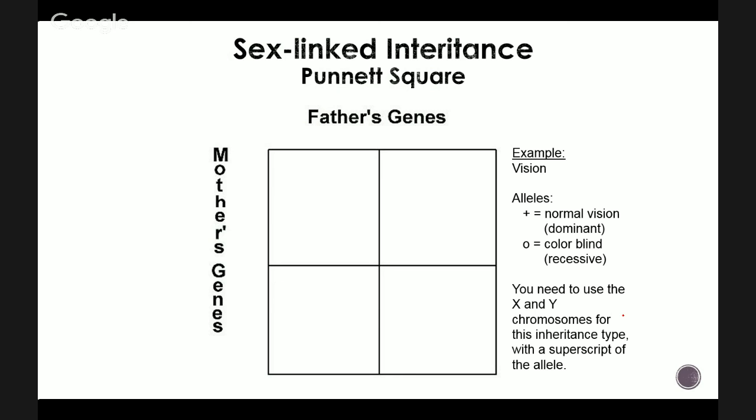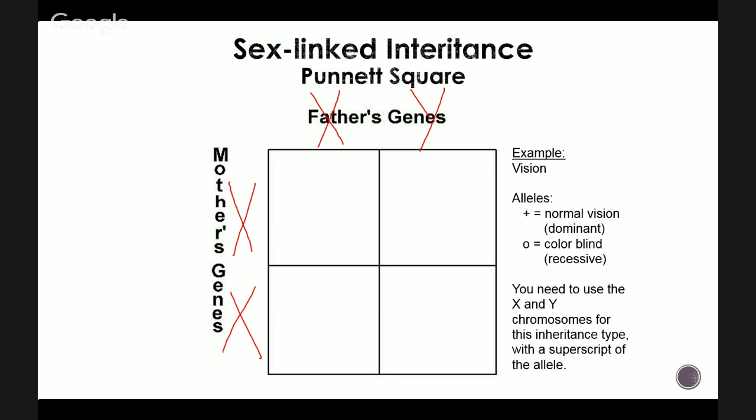So first we put down the father's sex chromosomes. A male has what combination of sex chromosomes? X and Y. So we put the X down here and the Y down first. How about the mother? What does she have? X, X.